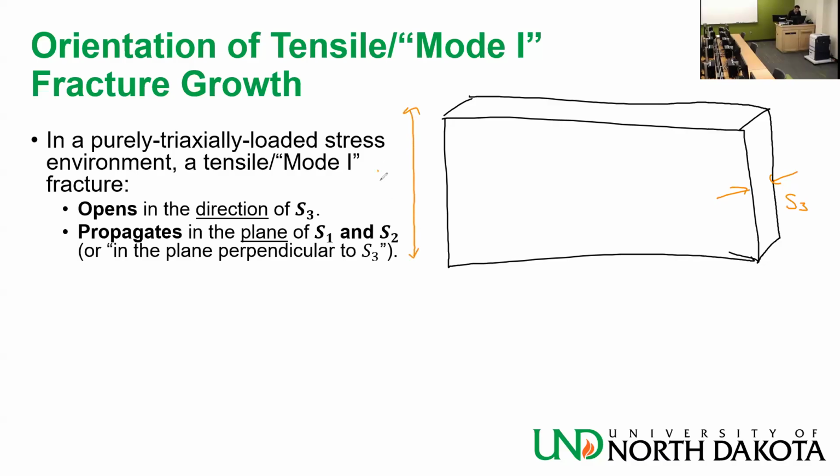Height, length. Obviously, this fracture is longer than its height, so the length is S2. The height is S1, the strongest. And then same thing as I did with the page, the piece of paper that I was holding earlier.